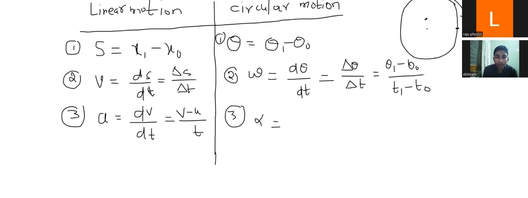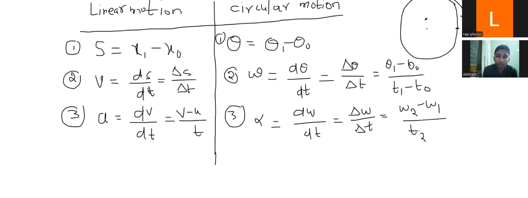The formula for alpha is d omega by dt, or delta omega by delta t, where delta omega means the change in angular velocity, omega 2 minus omega 1, divided by t2 minus t1.